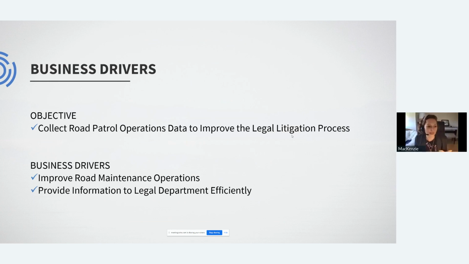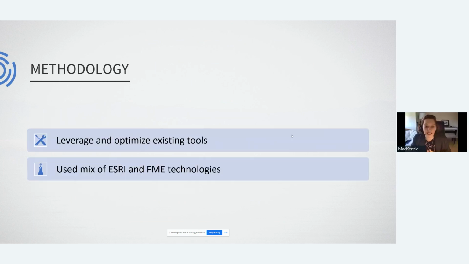Behind this are business drivers, right? So they needed to improve their road maintenance operations and also be able to provide information to the legal department efficiently. So they leveraged a mix of existing tools.